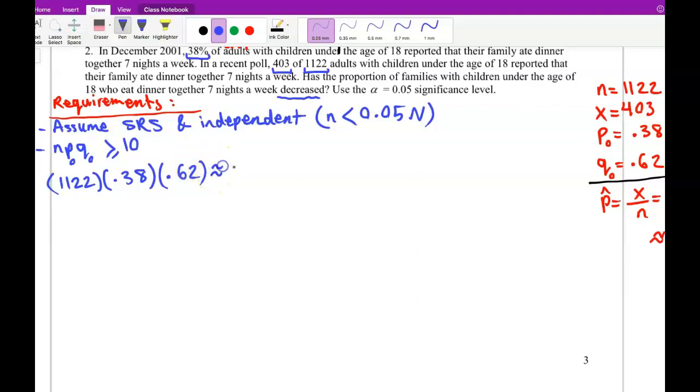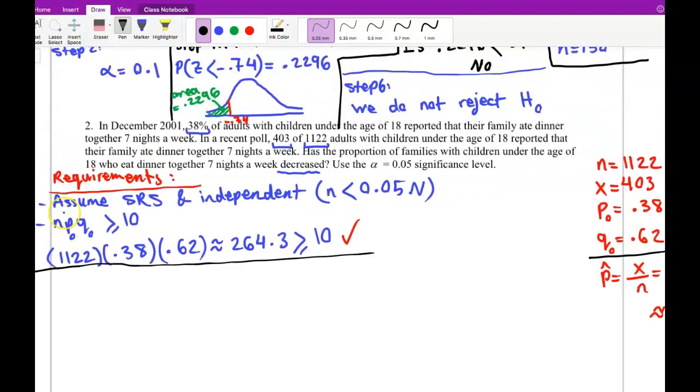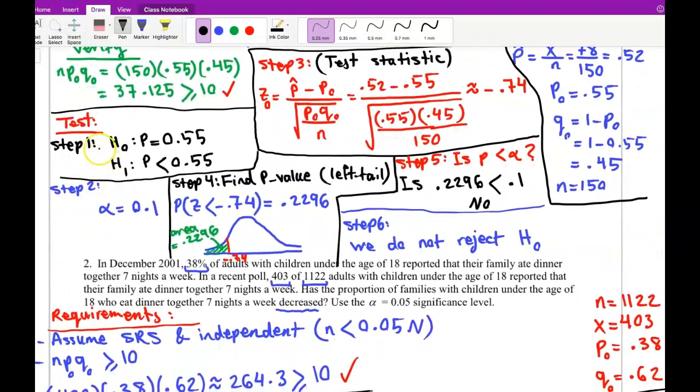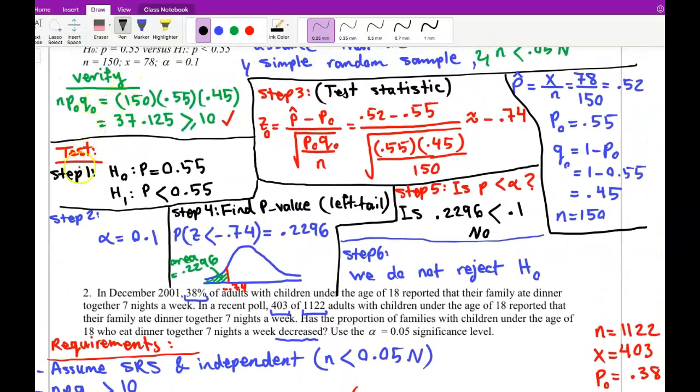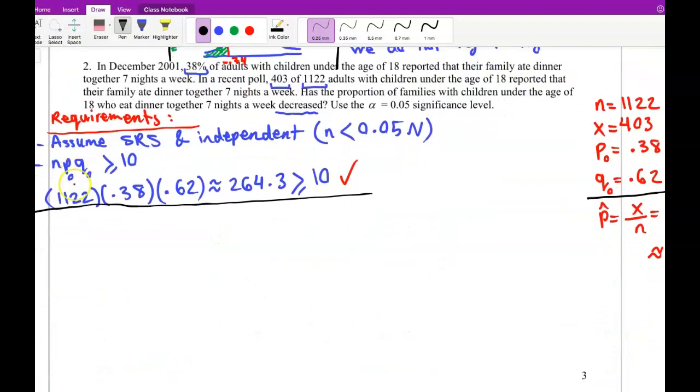So this is equal to 264.3, and this is greater than or equal to 10, so this is correct. Okay, now the test. So exactly like this part, after we verified all these requirements, then we're going to test.